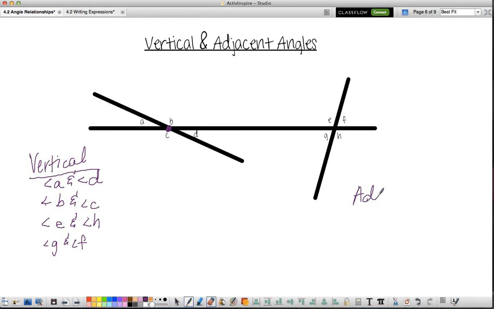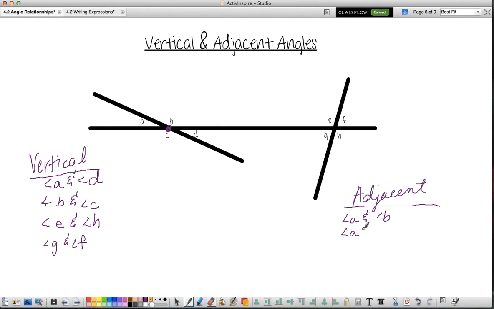Adjacent angles. So again, let's start with angle A. Angle A can only have one vertical angle, but it can have 2 adjacent angles because it has 2 sides that it shares. So angle A shares a side with angle B, so angle A and angle B are adjacent.